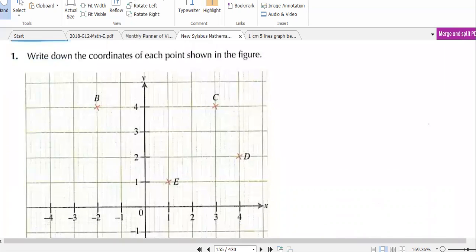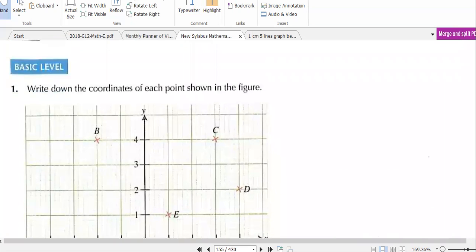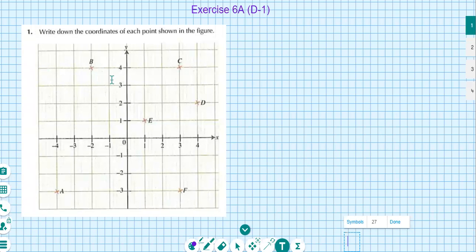So we'll be solving exercise 6A now. Question number 1. Write down the coordinates of each point shown in the figure.